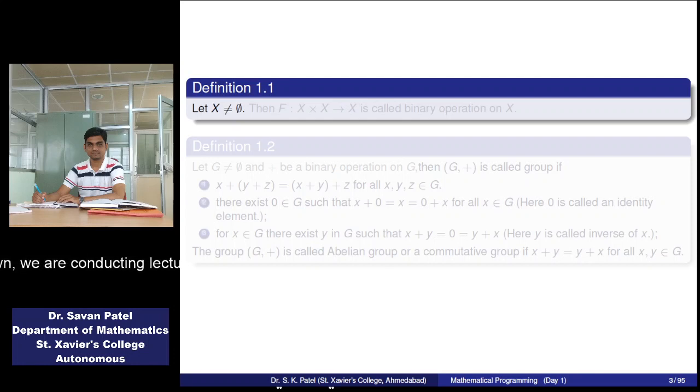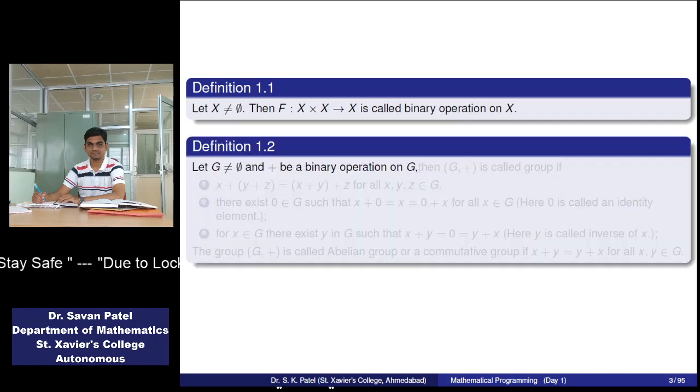For a non-empty set X, a function f from X cross X to X is called a binary operation on X. Let G be a non-empty set and plus be a binary operation on G. Then (G, +) is called a group if the following properties hold.